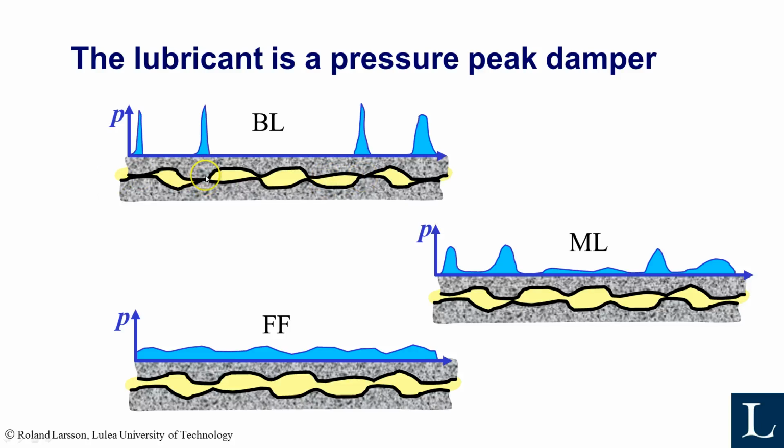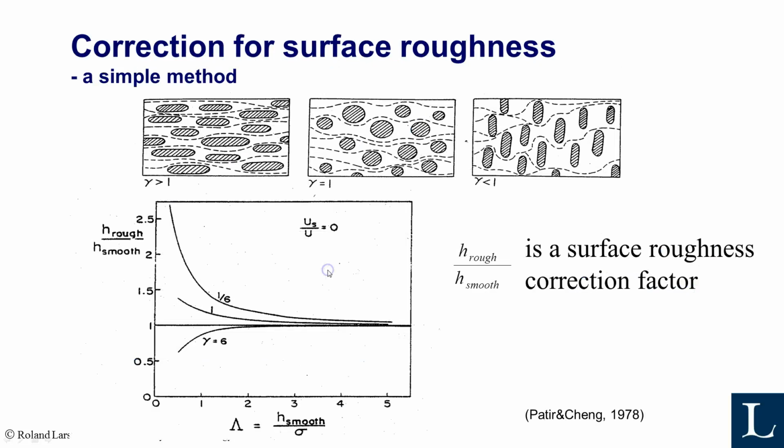And since the contact spots are pretty few, the contacts will be concentrated, and there will be sharp and high pressures in those points. The mix is something in between, of course. So even if the film is thin, this is still creating a very good damping effect. That's a picture of what the lubricant can do for you in a rough contact.